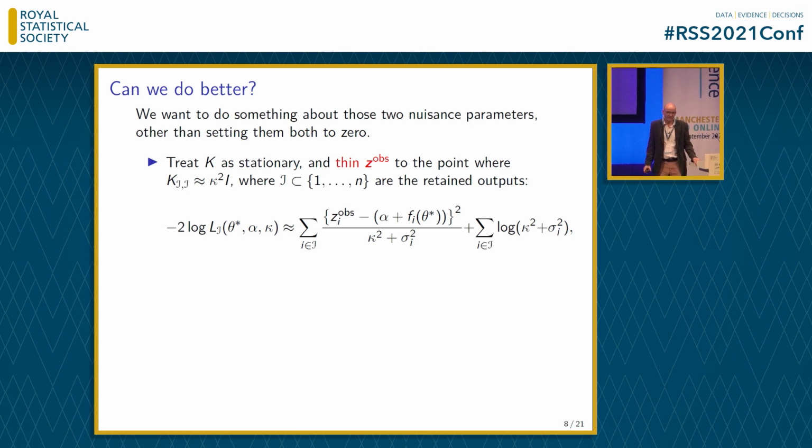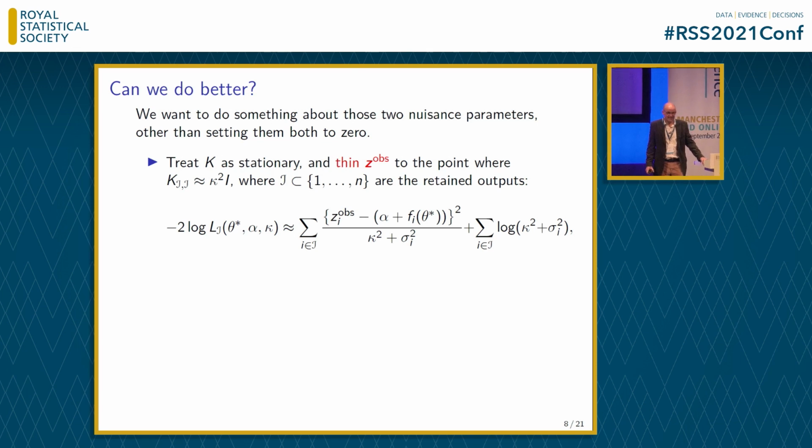So I'm going to remove, if you like, 9 out of every 10 observations, and keep every 10th observation, in the belief that the correlation length between observation 1 and observation 11 is shorter than that distance, and so we can treat those as uncorrelated.